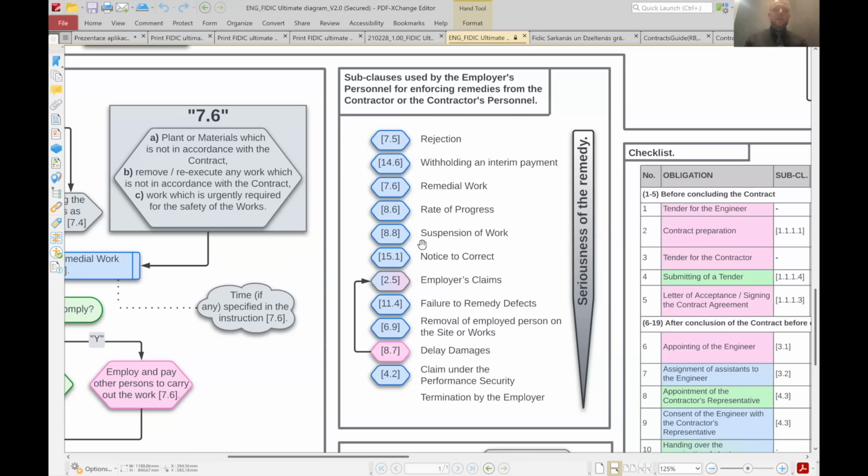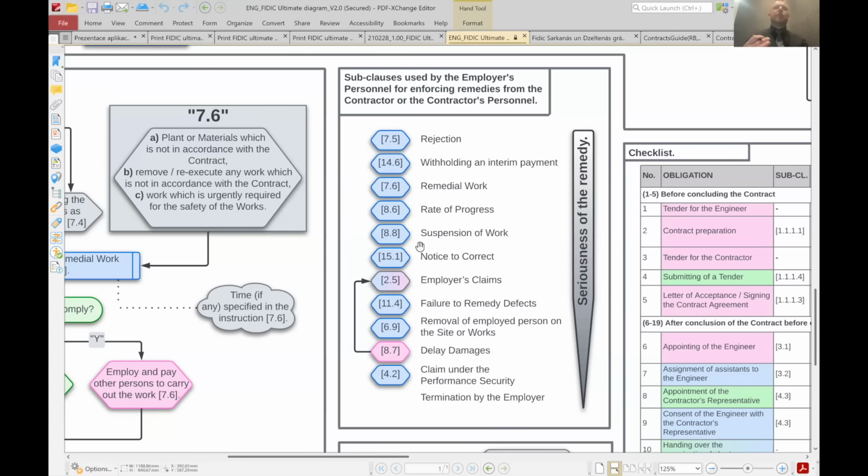So for example, suspension of the work. When something goes really wrong, the engineer has the power to stop the work. In this context, I'm talking about when the contractor does something wrong.